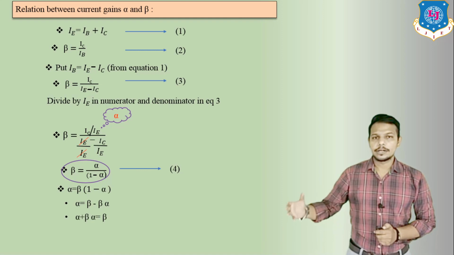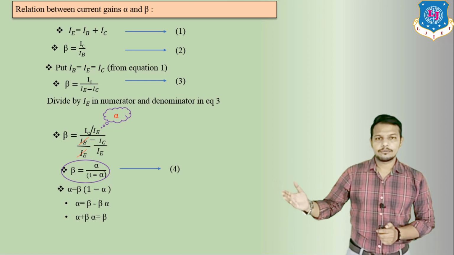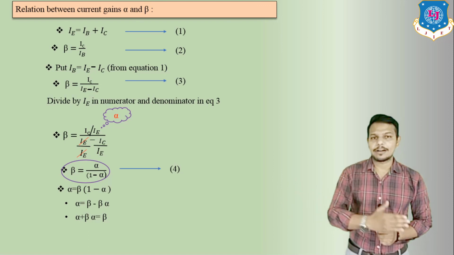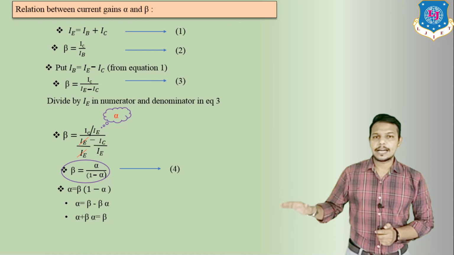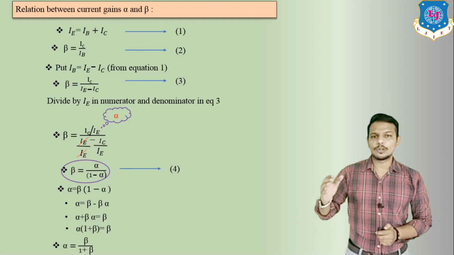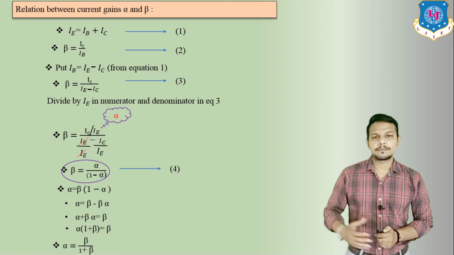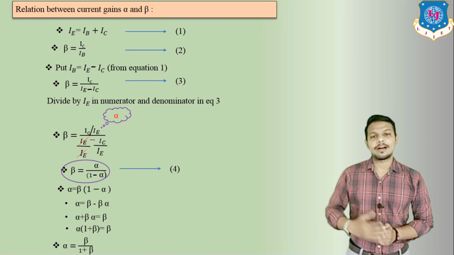Now beta alpha goes to the alpha side, that means alpha plus beta alpha is equal to beta. From this equation we take alpha common, so it becomes alpha into 1 plus beta is equal to beta. So we can write alpha is equal to beta upon 1 plus beta. This is the second relationship between alpha and beta.